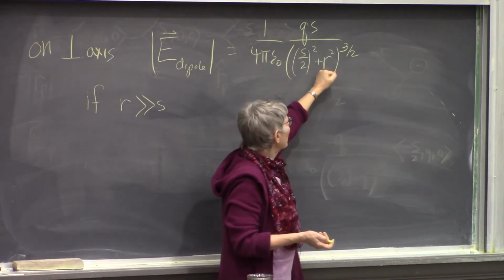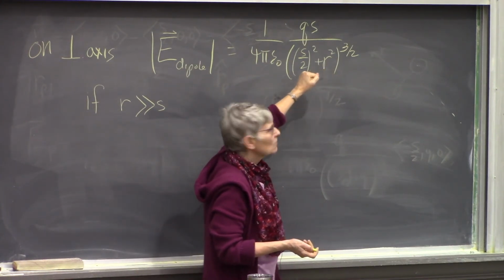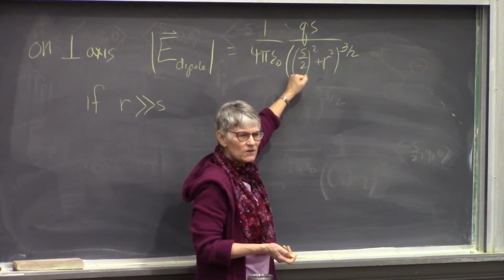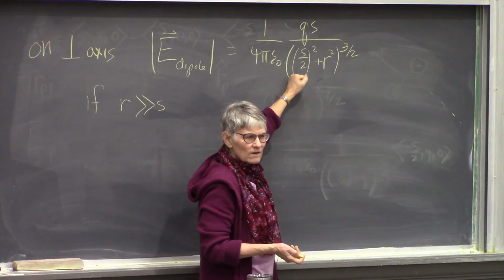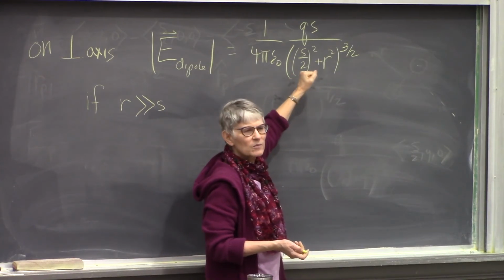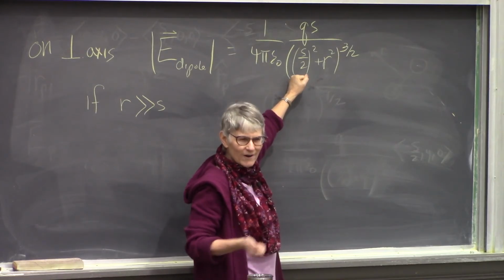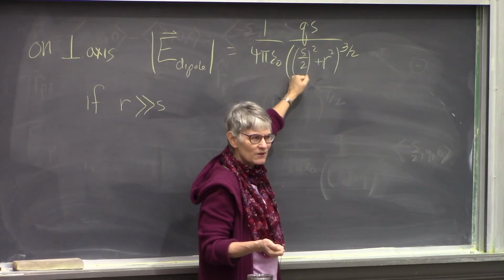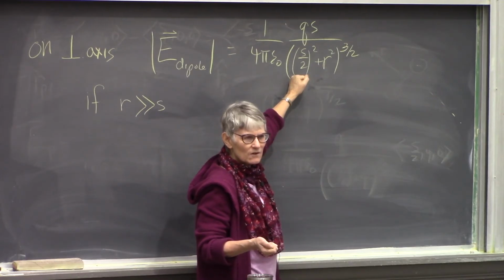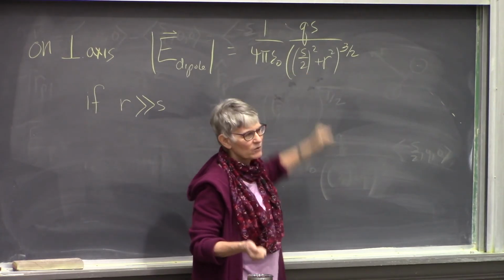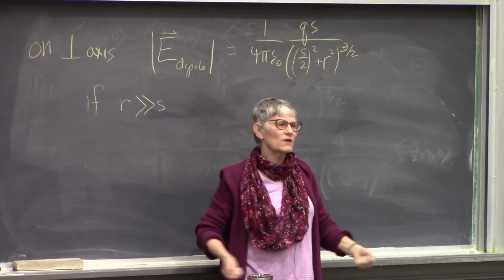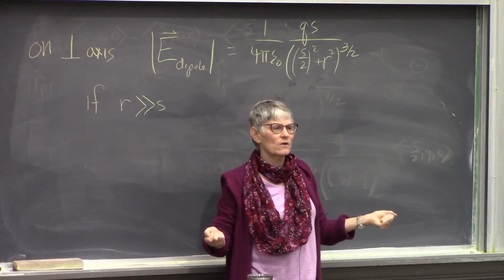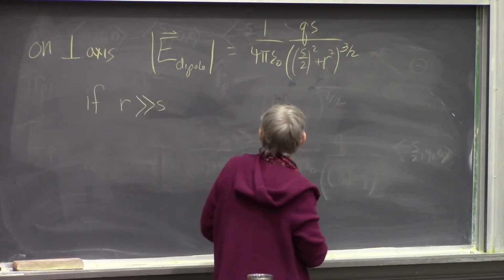So if r is a lot bigger than s, then r squared is a lot bigger than s over 2 squared. So we could neglect s over 2. Let's say s over 2 squared is very small compared to r squared.